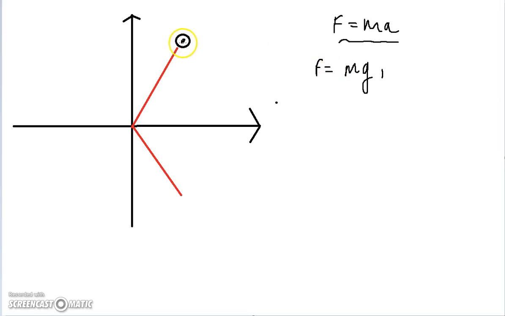The way I've drawn this diagram, that force actually acts in this direction. So this vector is mg i hat, where i hat is the unit vector due east. Hopefully that should make some sense. The length of this string is L.